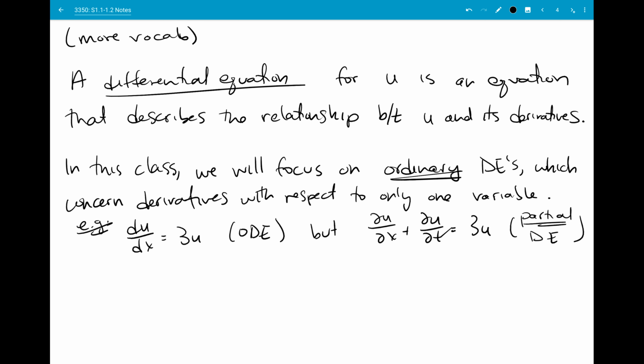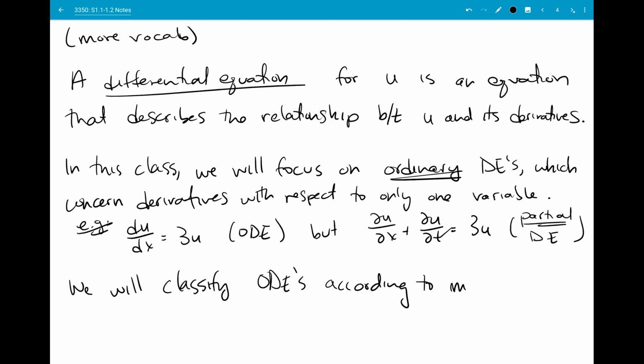And then we're going to have to classify differential equations in special ways in order to recognize the way that we solve them. So we will classify ODEs according to important characteristics that tell us how to solve them.